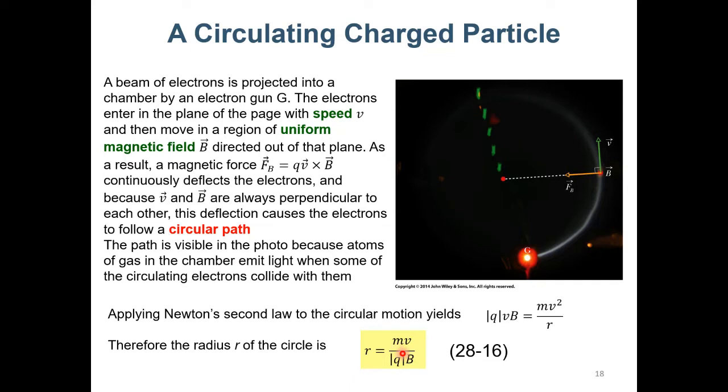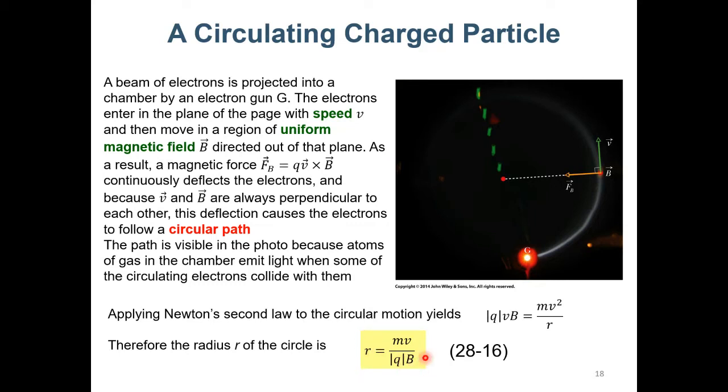And then take the absolute value of q, so that this is a positive amount. So this radius is related to the mass of the electron, 9.11 times 10 to the minus 31, and the velocity, the charge is 1.6 times 10 to the minus 19 coulomb, and then B. So with a larger velocity, the radius will be larger.